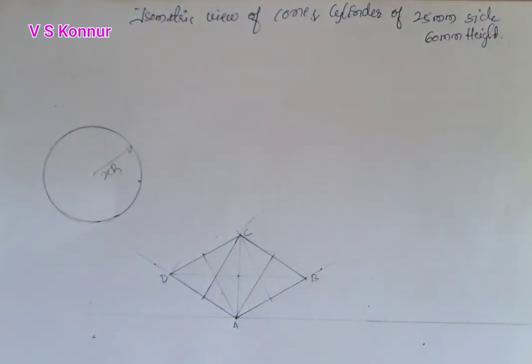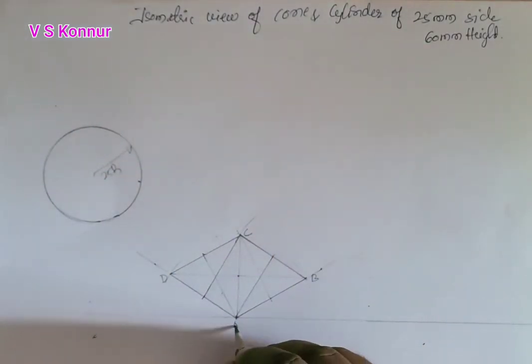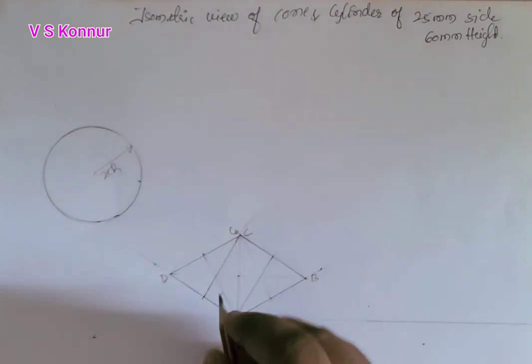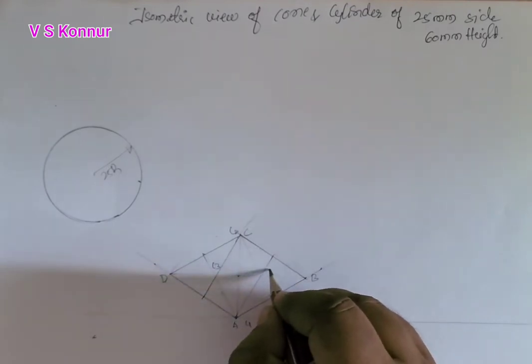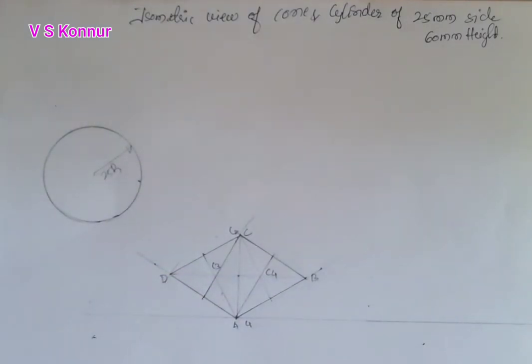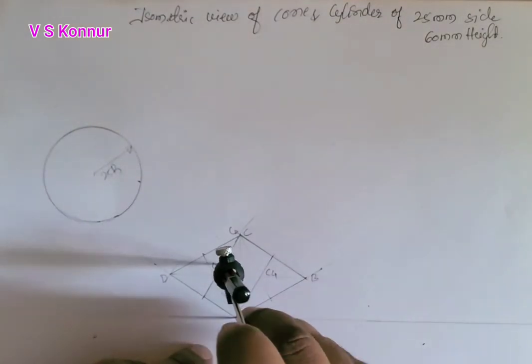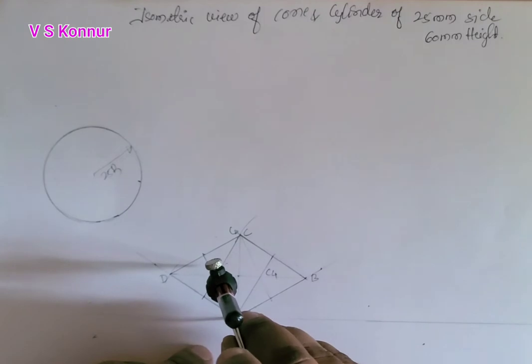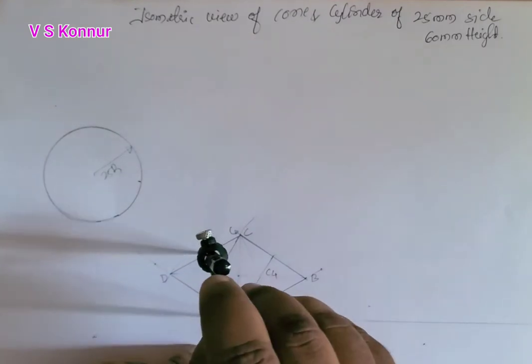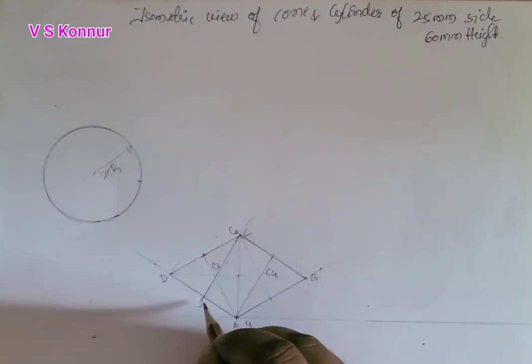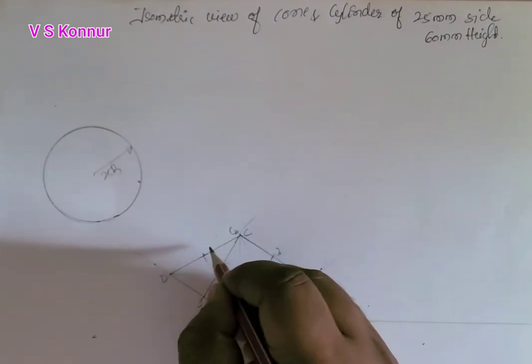So now we will define the centers first. Instead of A I will call them C1 center, C2 center, C3 center, C4 center. 4 centers we got. Now with the divider I will take the distance by keeping at A point, exactly A. So if you want, we will give the naming 1, 2, 3, 4.